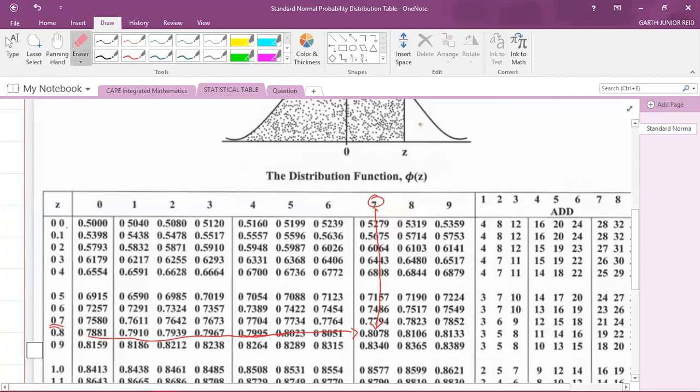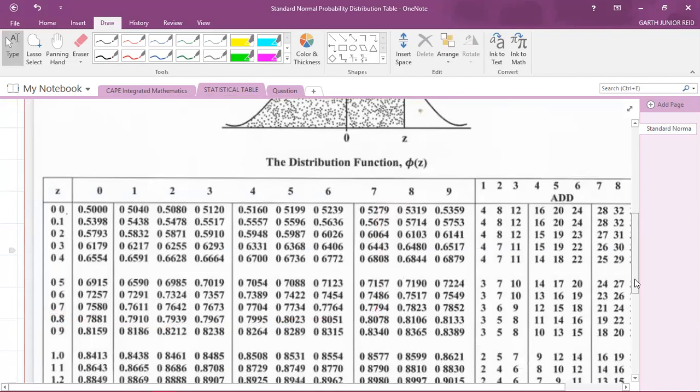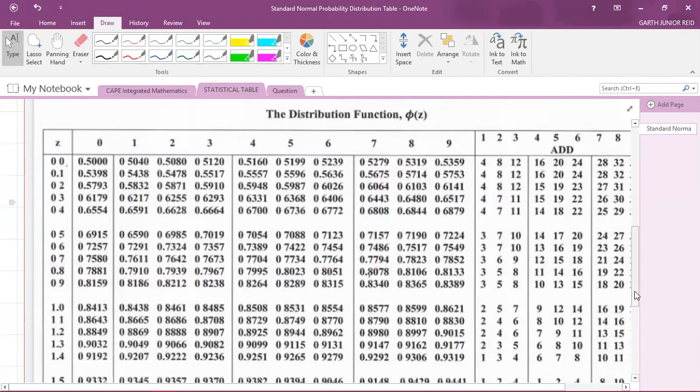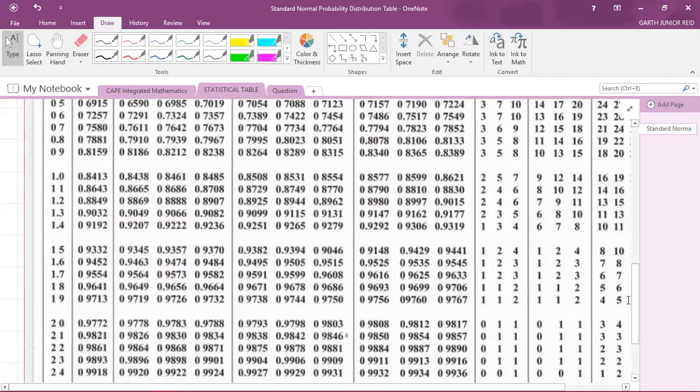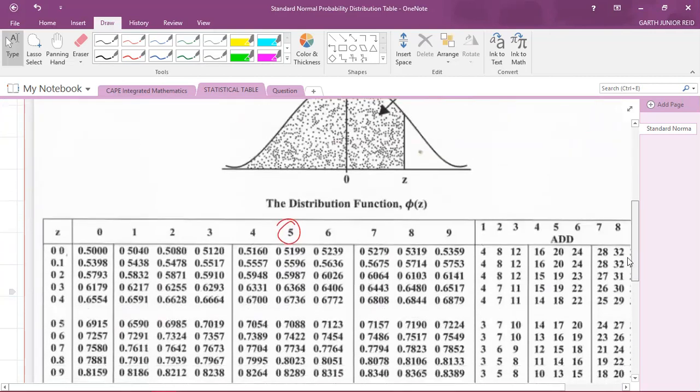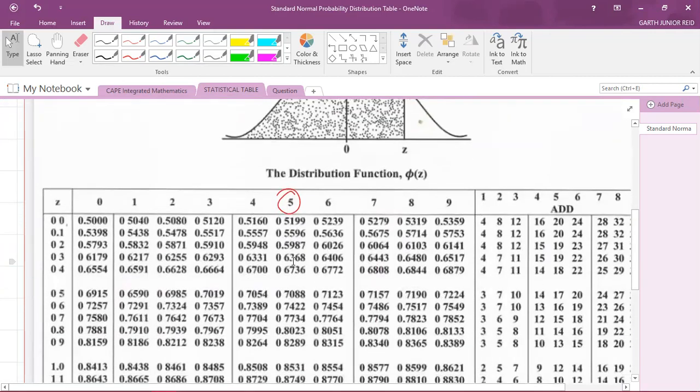Let me erase this here. And we want 2.35. All right, 2.3 is going to be right here. So I'm going to look at this column here.